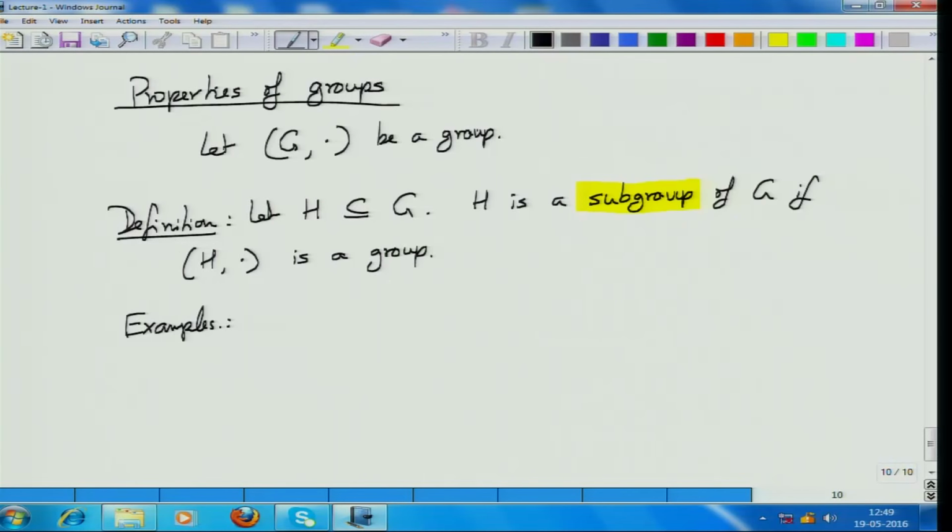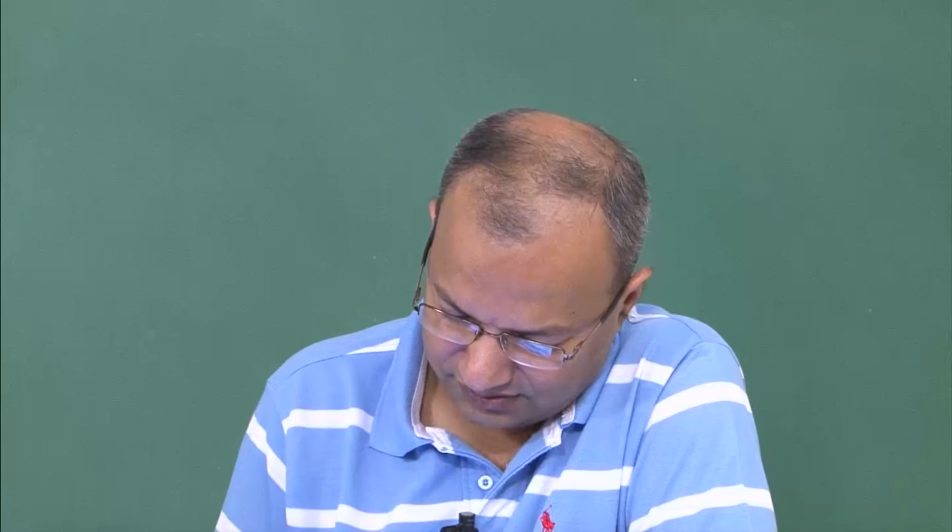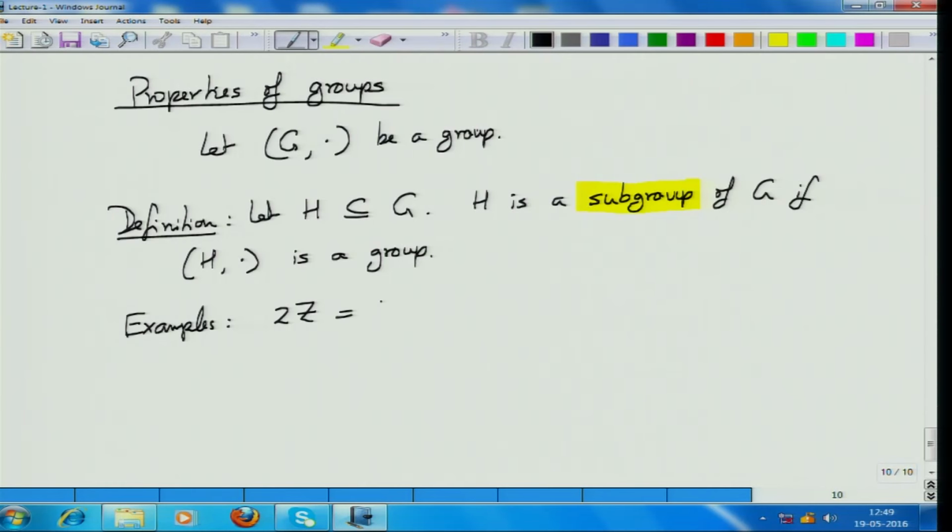Okay, so examples. In integers over addition, are there subgroups in that? Even integers, yes, excellent. 2Z, which is the set of even integers, is a subgroup.